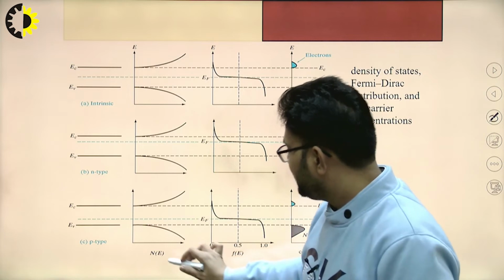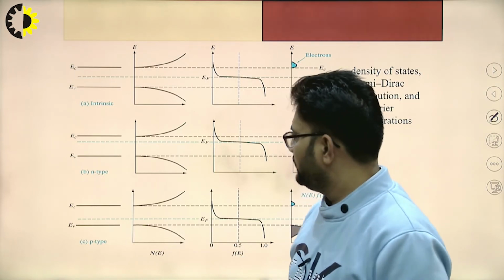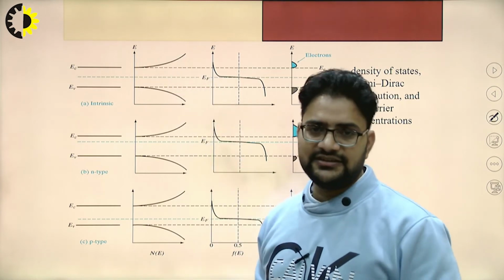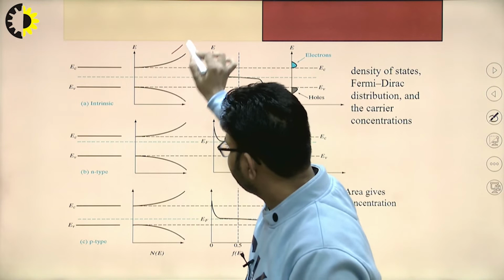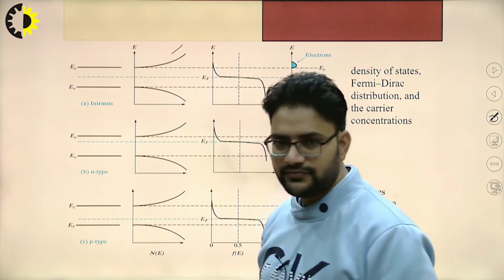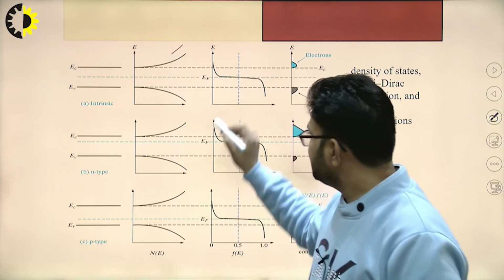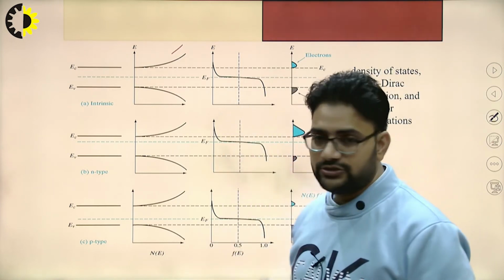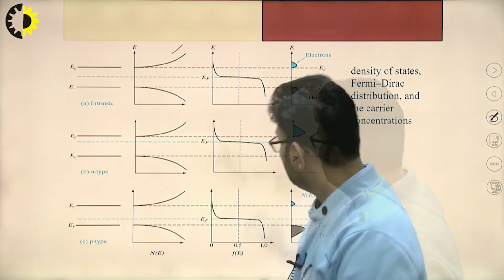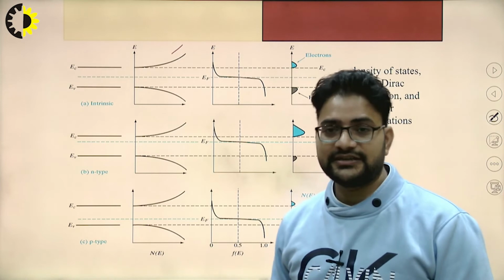Now the density of states will be the same for the intrinsic as well as for the extrinsic semiconductor. So it will be like this, an exponential term. If I consider the intrinsic semiconductor, we had already discussed the Fermi-Dirac function also. So this one is the Fermi-Dirac function for the intrinsic semiconductor.